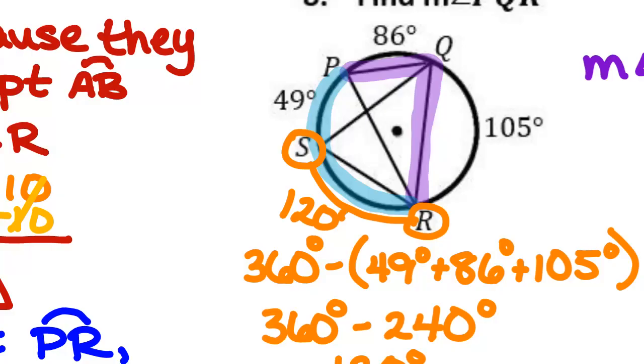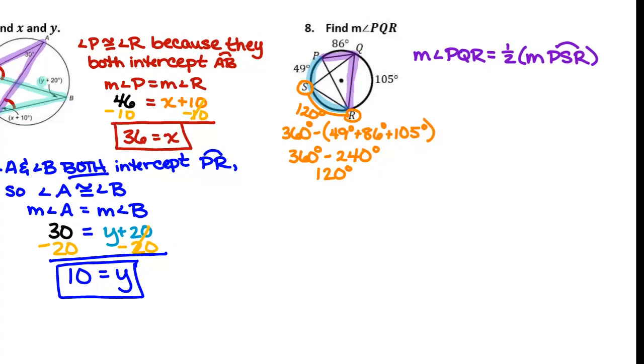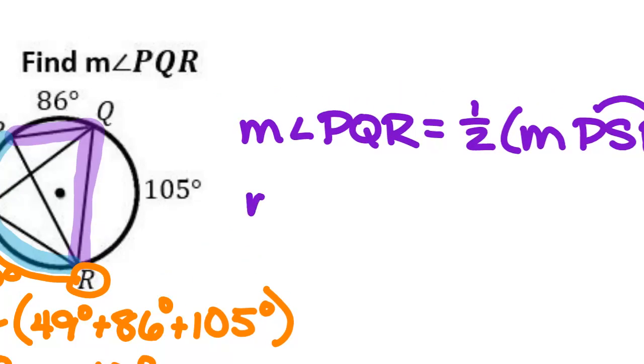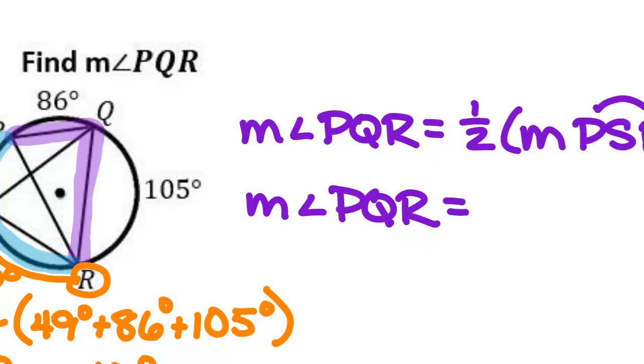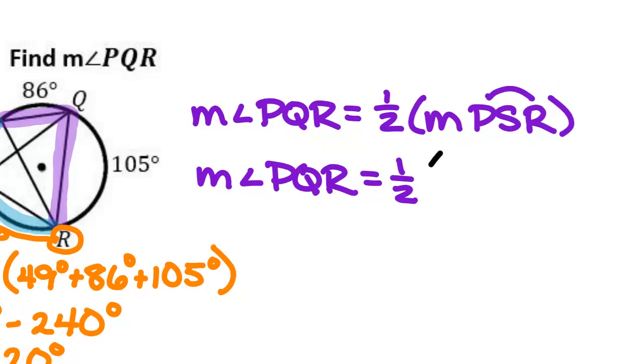So what would you need to do then if you wanted arc PSR? Add them together, yes. So the measurement of angle PQR is equal to half, and now I'm going to add those two arcs together. We have 49 degrees plus 120 degrees.